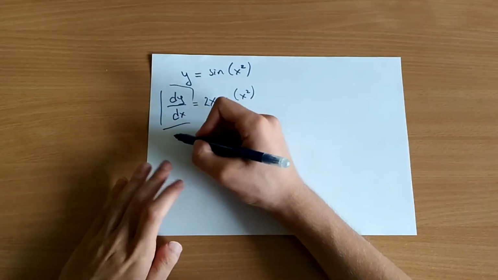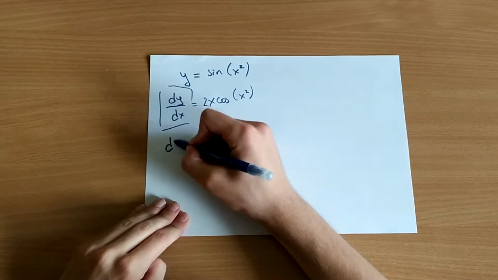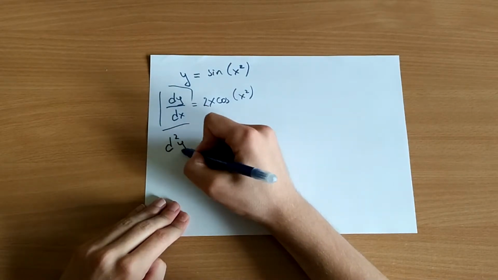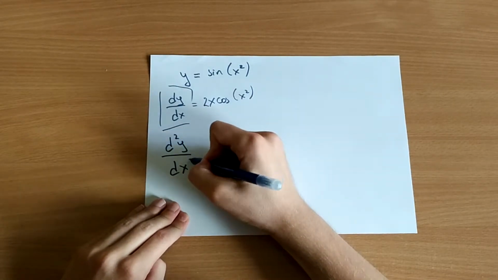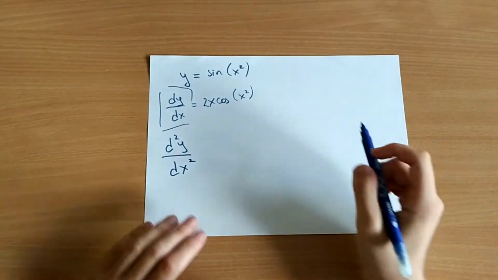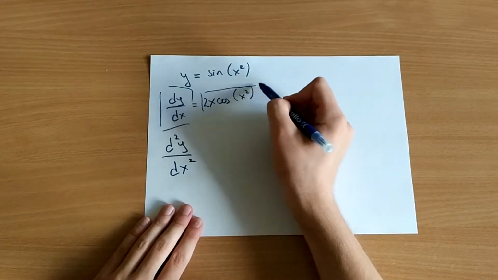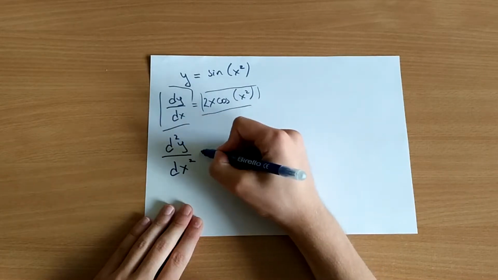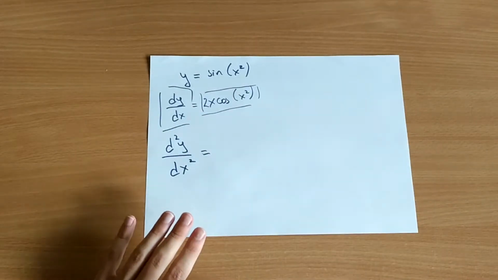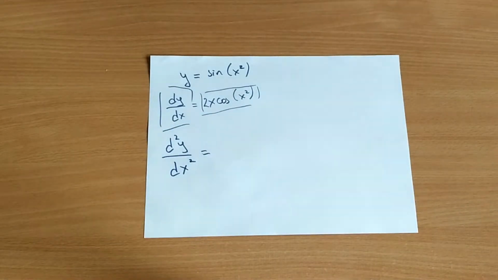And now the second derivative, this is the notation. Now I'm going to find the derivative of this expression here. Okay, so here we have to use the product rule.